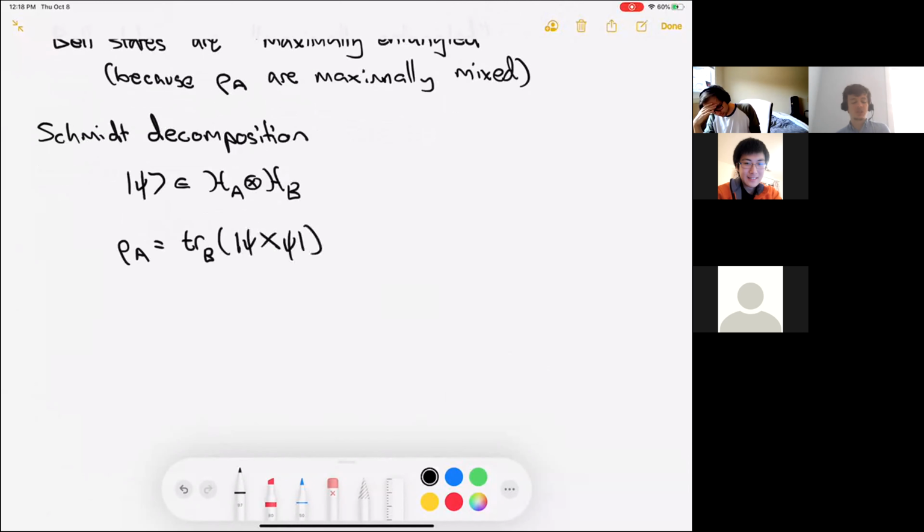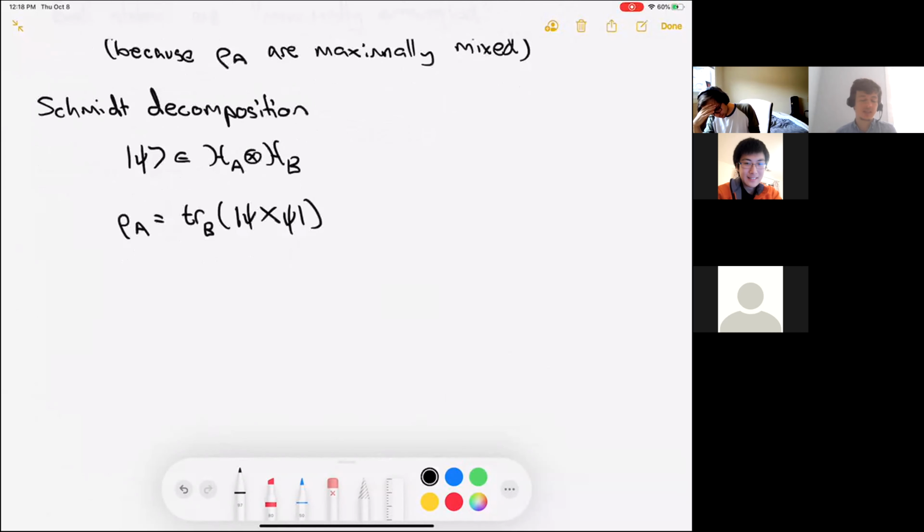And this will be some matrix. In particular, it's a matrix that always has an eigenvalue decomposition. So we can always write this as the sum over i of lambda_i |psi_i><psi_i|.